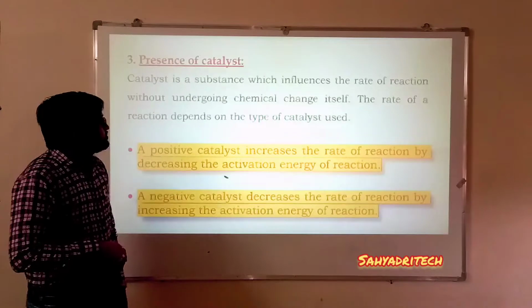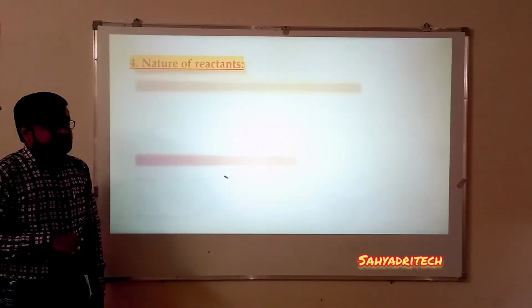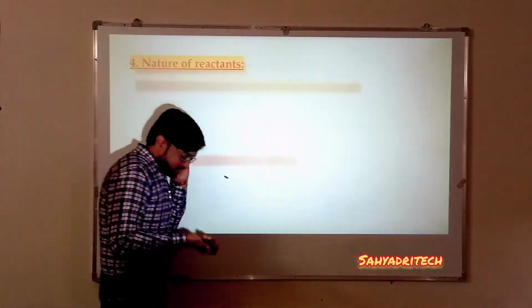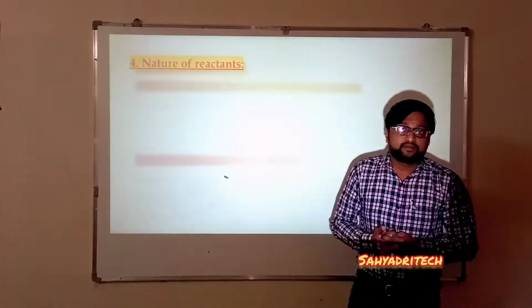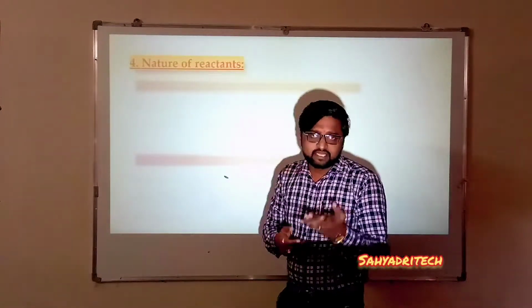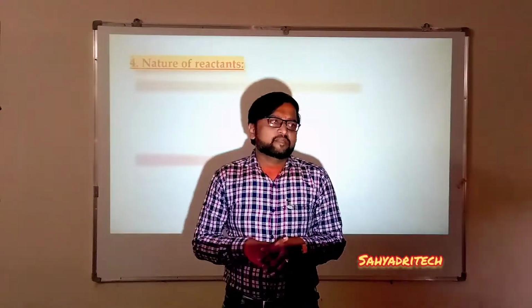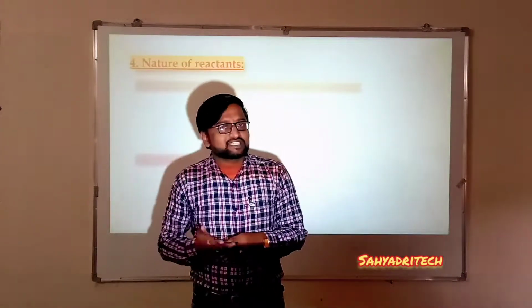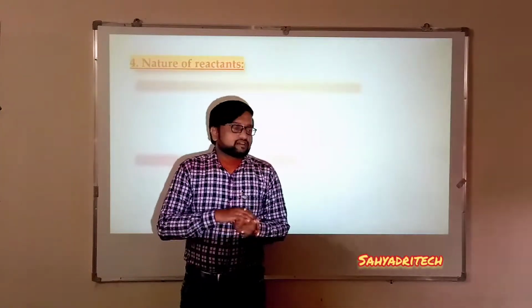Well, coming to the fourth one, what is the fourth one? We said nature of reactants. As I said here, nature of reactants, or even I can say nature of a reaction. As I mentioned, the reactants may be ionic species or molecular species. Similarly, if I consider reactions, they may be ionic reactions or molecular reactions.